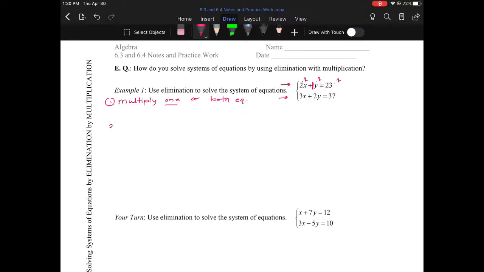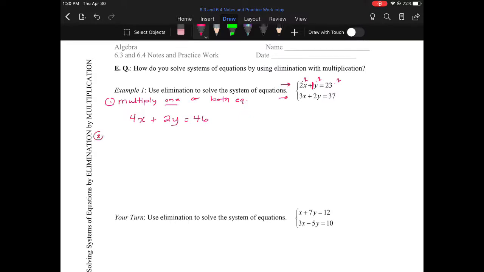So when I do that, my top equation becomes 4x plus 2y equals 46. So notice how 2 times 2 is 4, 2 times 1y is 2y, and 2 times 23 is 46. Okay, so there's me multiplying it.